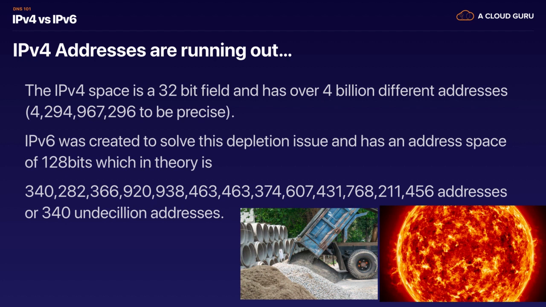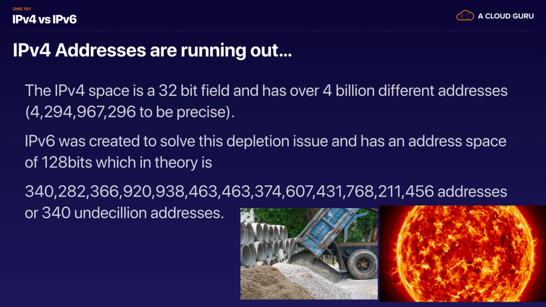So let's talk about IPv4 versus IPv6. IPv4 addresses have been running out for ages. That's why we invented IPv6. IPv4 is a 32-bit field which has over 4 billion different addresses, and essentially it has a finite number of addresses. This worked really well in the early days of the internet because we just didn't have that many devices online.